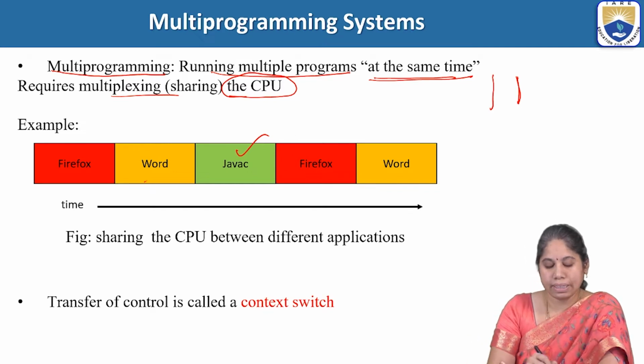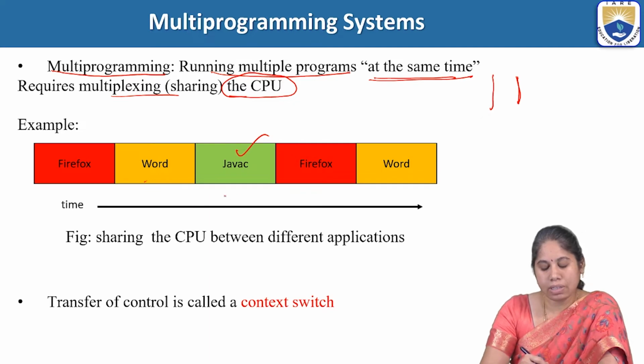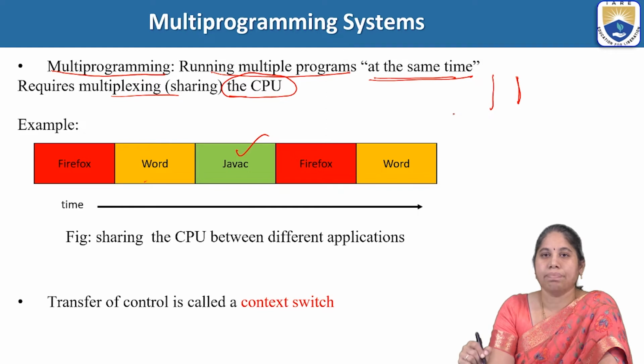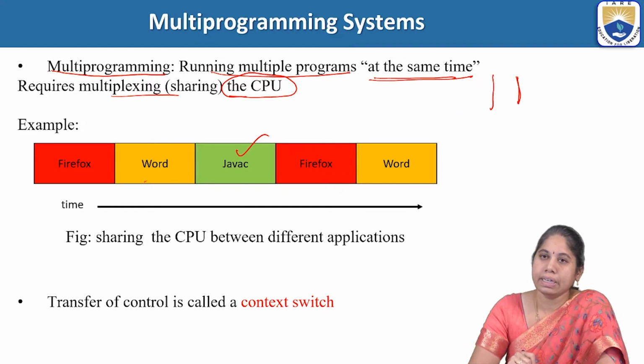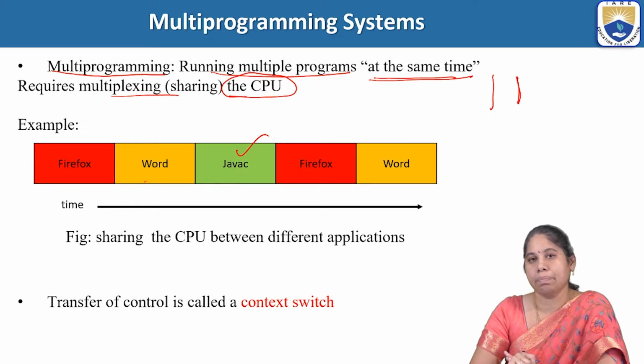On the timeline, these jobs are executed parallelly. That means the CPU is shared between different applications for processing. This we call multiprogramming: running multiple programs at the same time.